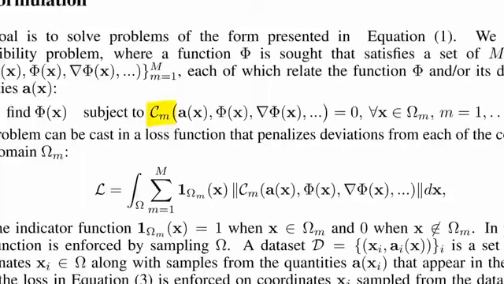So this loss function operates on these constraints, and the constraints are across a of x, which basically is just x. It's anything depending on the input itself, then the output of the function, the gradient of the output of the function, the second derivative, third derivative, and so on.